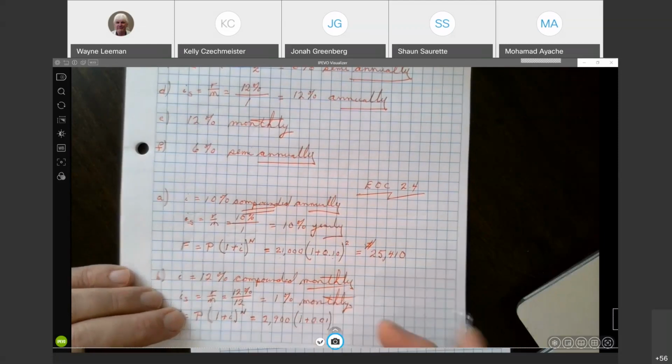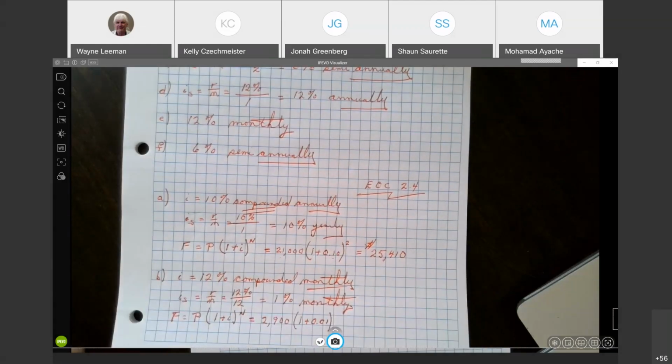And n has to be the number of compounding periods. Well, they're doing this for 2 years, correct? Let me find it here. Over 2 years. So what will n be?